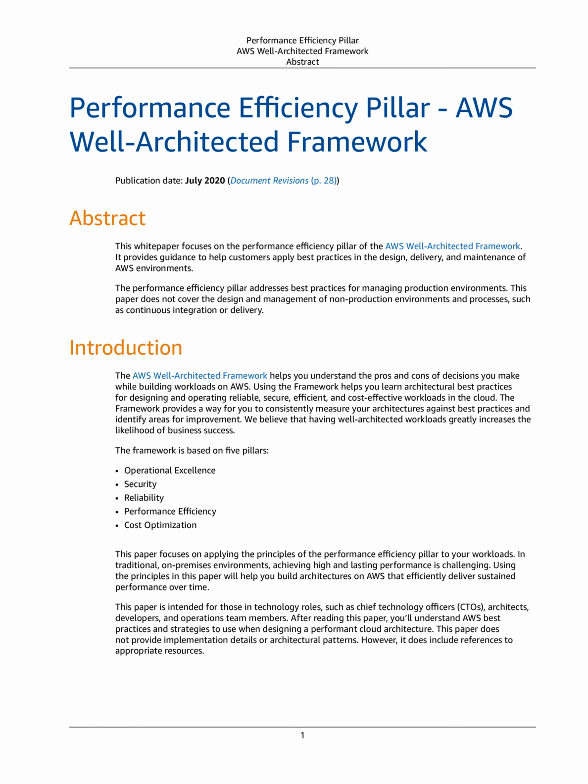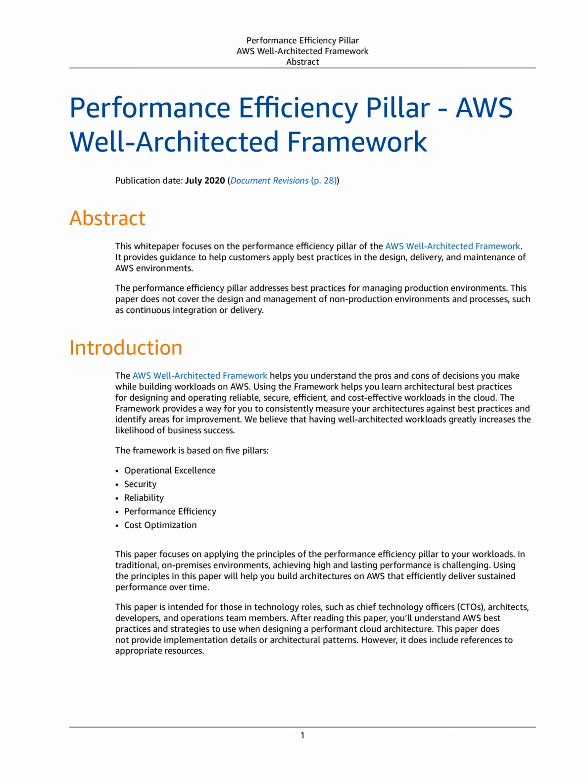This paper focuses on applying the principles of the performance efficiency pillar to your workloads. In traditional, on-premises environments, achieving high and lasting performance is challenging. Using the principles in this paper will help you build architectures on AWS that efficiently deliver sustained performance over time.